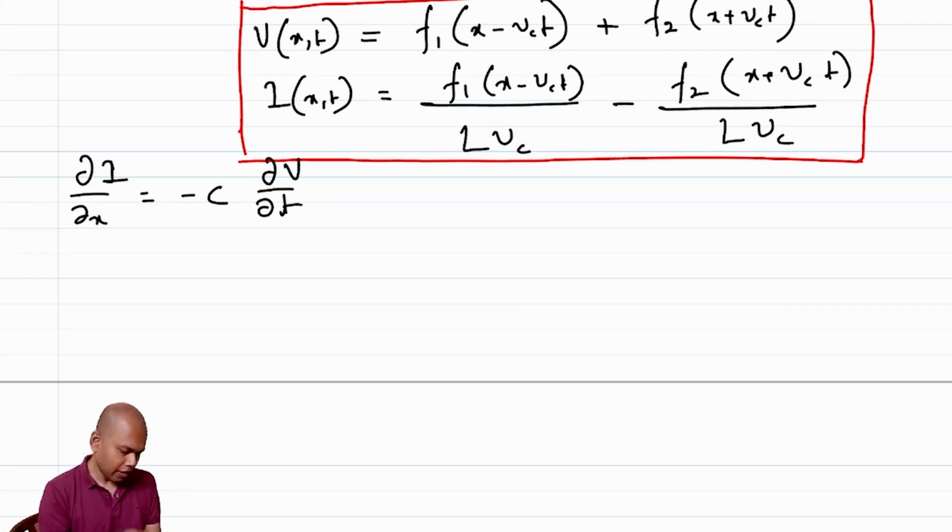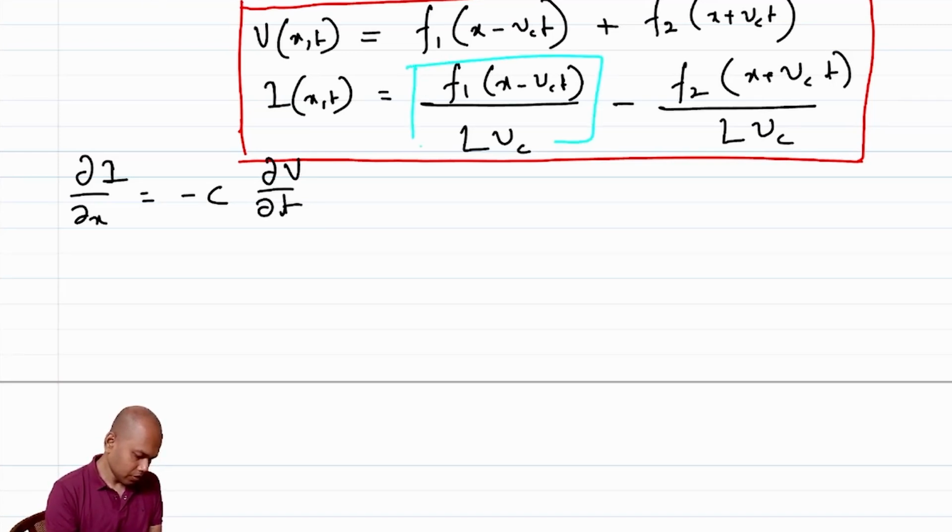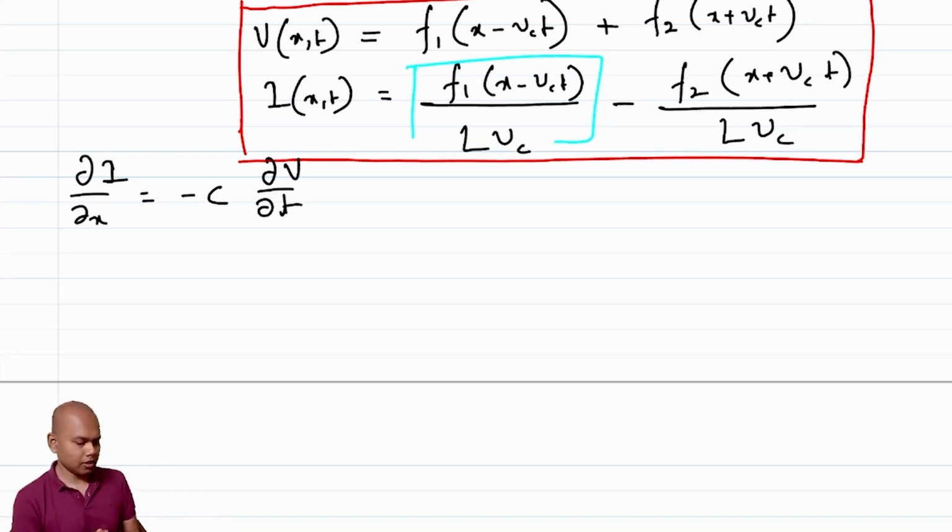So dou I, and to keep matters simple, let me only do this partial on this term, and the corresponding term on the top, and I'll basically extend it to the other term, right? It doesn't really matter whether you're doing it on f1 or f2 because both of them are solutions.